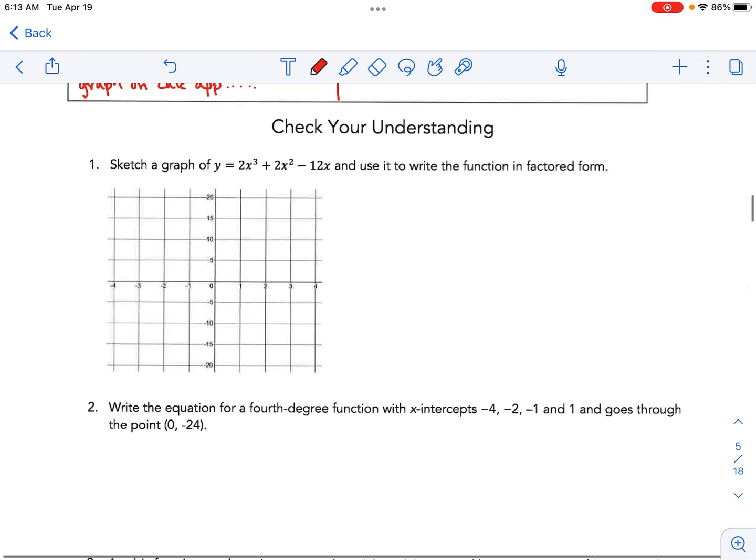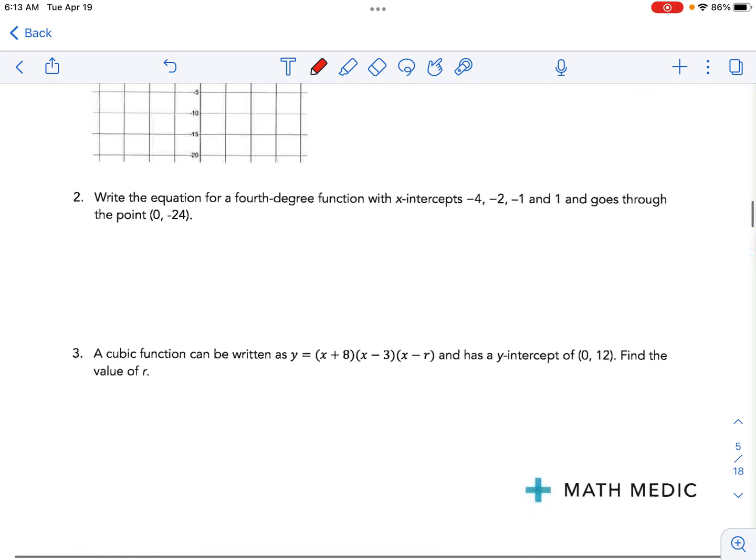Okay, so if you want to do the check your understanding, you can. Let me just talk about the first question on each page of the homework.